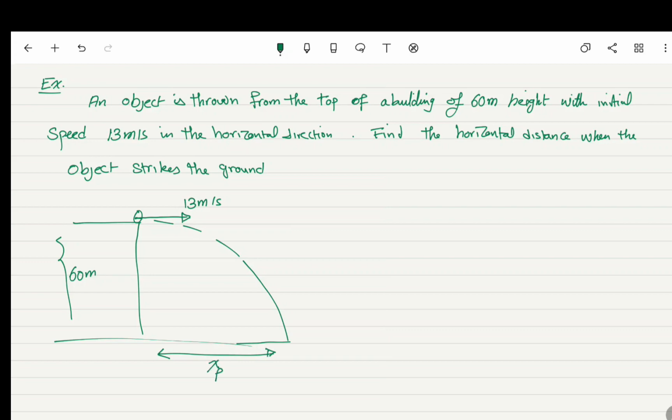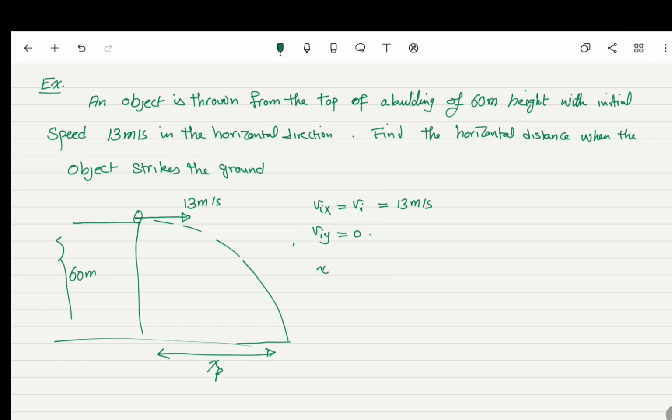This is x final. Now, to solve this, remember, the ball is fired in the horizontal direction, which means the initial v x is 13 meters per second, and the initial v y in this case is equal to 0. No vertical velocity component in this case.